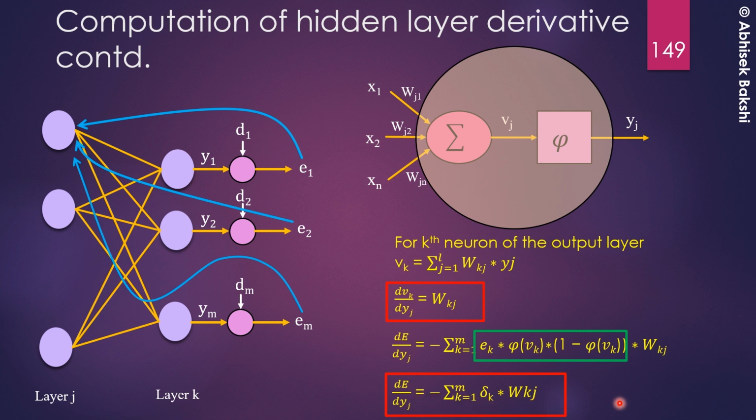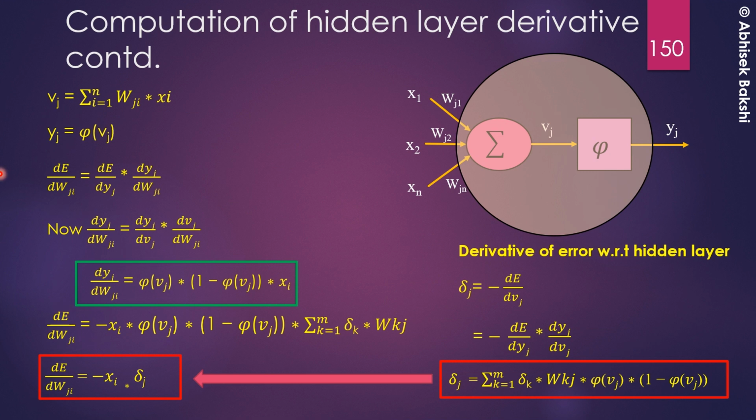That means you now have the derivative of error with respect to all these outputs of the hidden layer, right?